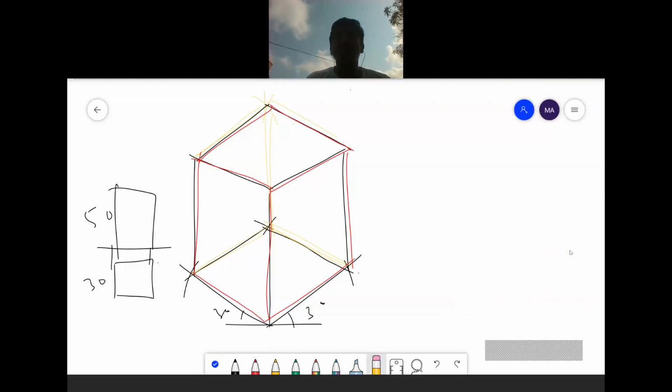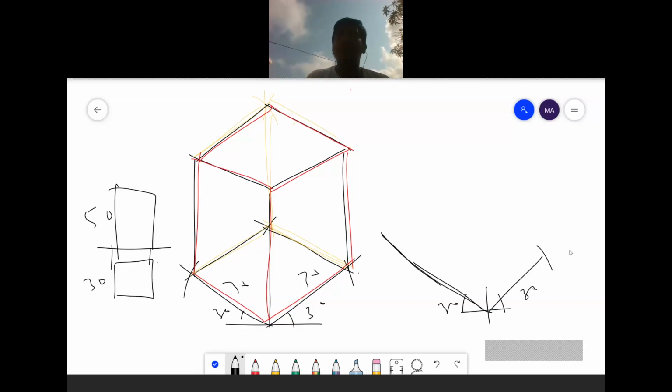When its axis is horizontal, what you are doing is you are not considering both 30 mm sides beside each other. Here you will consider one side as 30 mm, 30 degrees you are considering this side. One side you are cutting 30, another side you are considering the height, that is 50. From here you are cutting 50, from here you are cutting 30, it will form a rectangle.